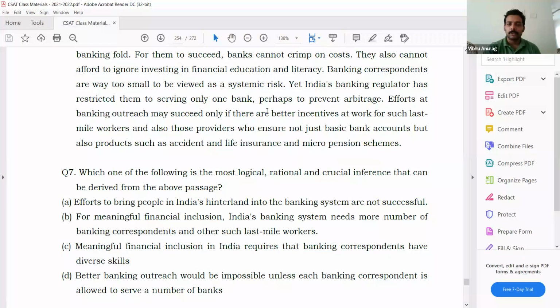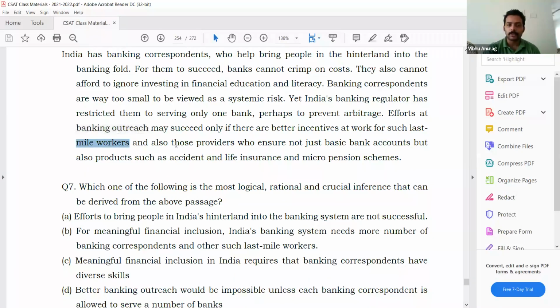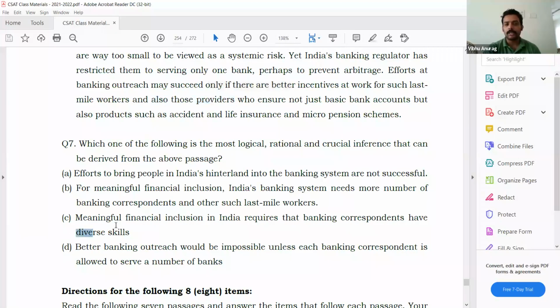He's saying that you should give better incentives for such last mile workers, that is these correspondents, and also those providers. So these providers are separate, who ensure basic bank accounts and also accident and life insurance and micro pension schemes. So these are different people, different from the banking correspondents. So there's no indication of any diverse skills of banking correspondents.